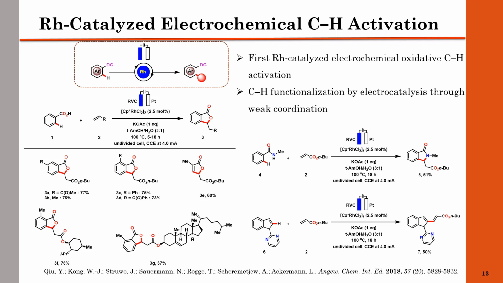Another good thing about this system is that they synthesized very sensitive and valuable ester derivatives in very high yield, and they also extended this system to benzamide derivatives and pyrimidyl indole derivatives.